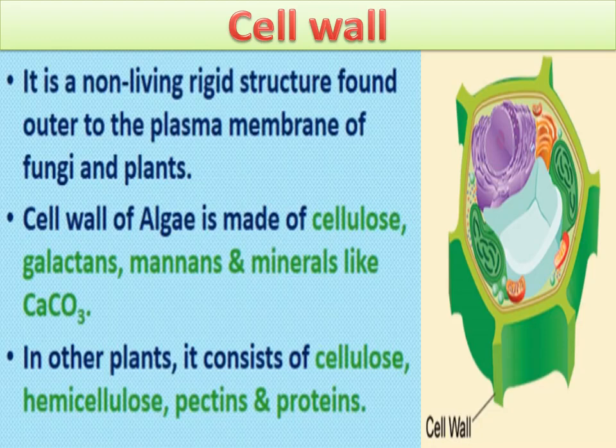So algae cell wall is made up of cellulose, galactans, mannans, minerals like CaCO3, right? In other plants, like higher plants, because algae also come under plant, but here we are talking about some other plants, the cell wall consists of cellulose, hemicellulose, pectins and proteins. So you need to learn this composition of algae cell wall and other plant cell wall.